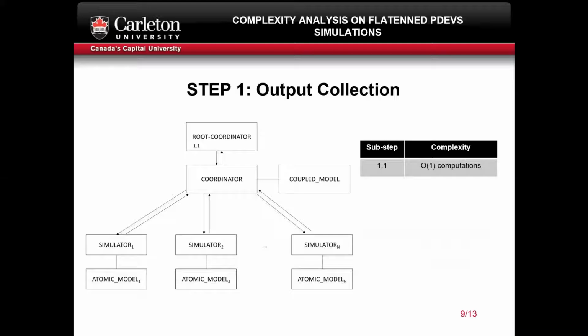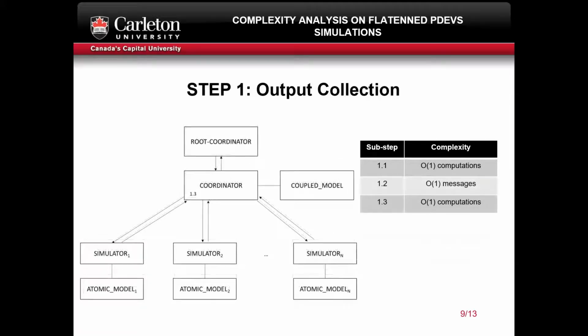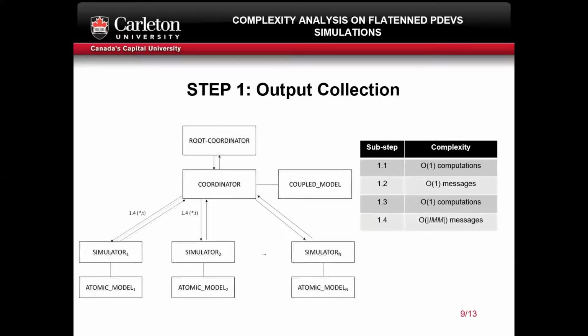Next, we have step 1, which is the output collections, and we can see a very detailed analysis of how, between root coordinator and coordinator, they must perform some computations and exchange messages. But I want to stop on substep 1.4, in which coordinator must communicate only with those simulators that are imminent. And if they are imminent, it means that the time for their next event is the minimum of the simulation.